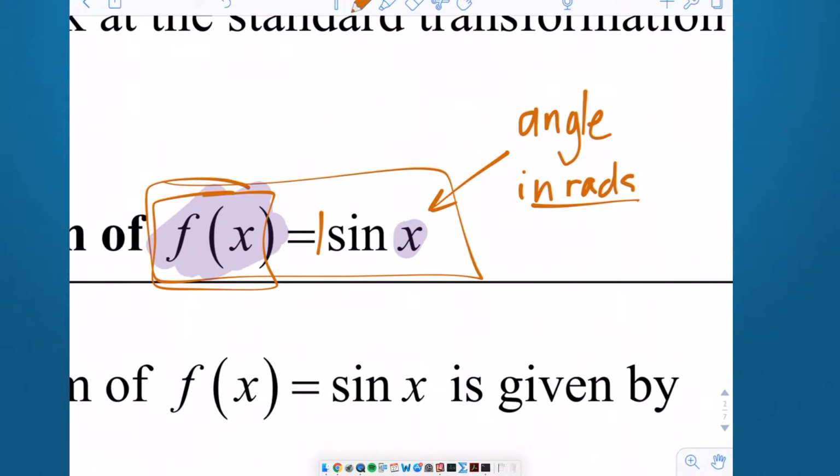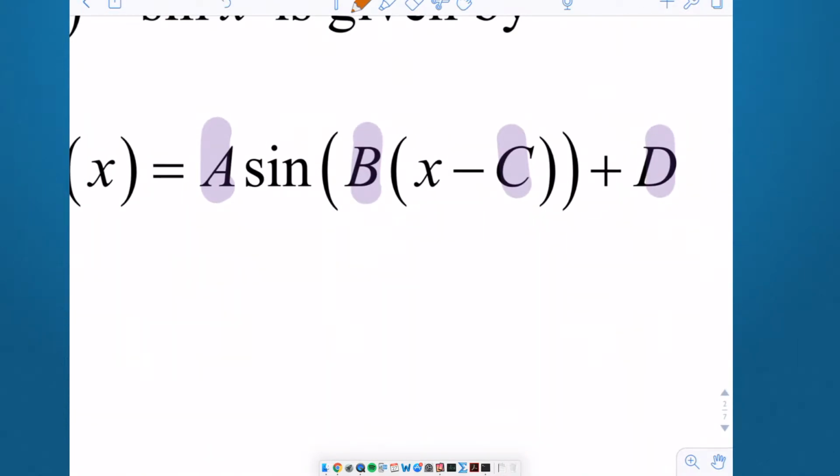So the default amplitude for sine is 1. It goes up 1, then down 1 from 0. But if you doubled the height of the sine wave by putting a 2 in front, now the graph is twice as tall, and now the amplitude is 2. It goes up to 2 and down to negative 2. Good. Now the b, remember b always does what to the graph of any function when you multiply by x?